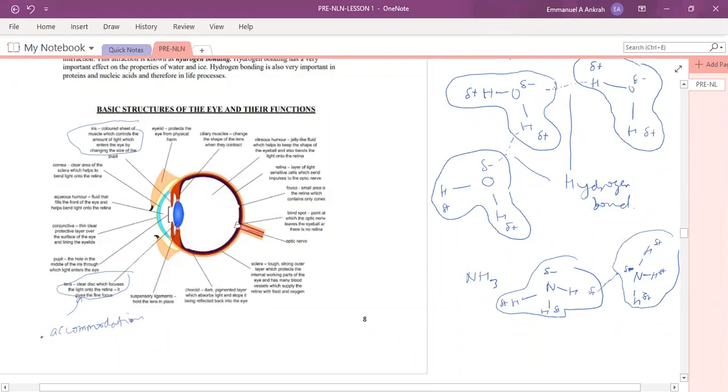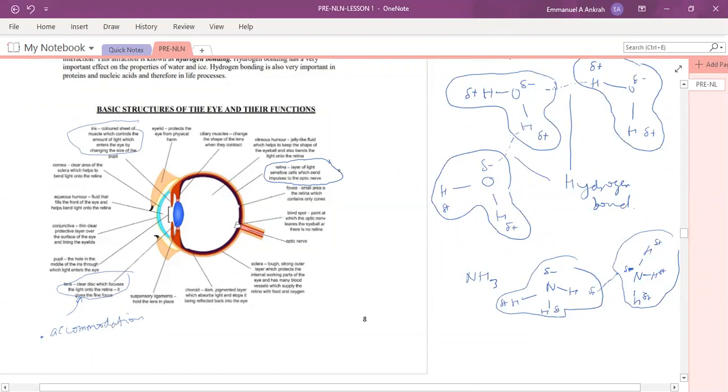When the object is far, it will change its structure to be able to focus the image on the retina. Then the other thing I would like you to remember is the retina. Where's the retina? The retina is here. They like asking questions about the retina. So remember, the retina is where the image is formed.